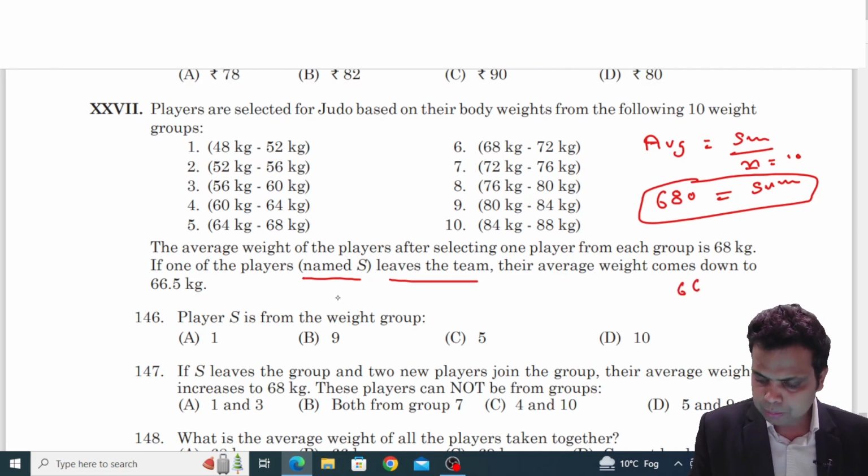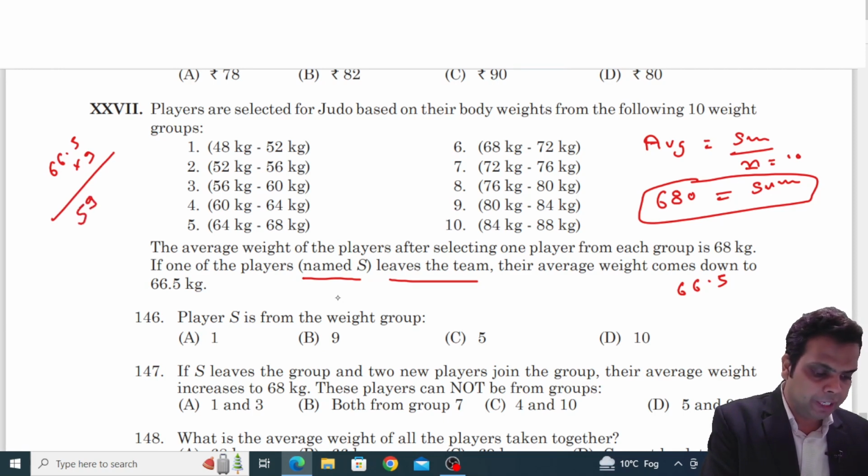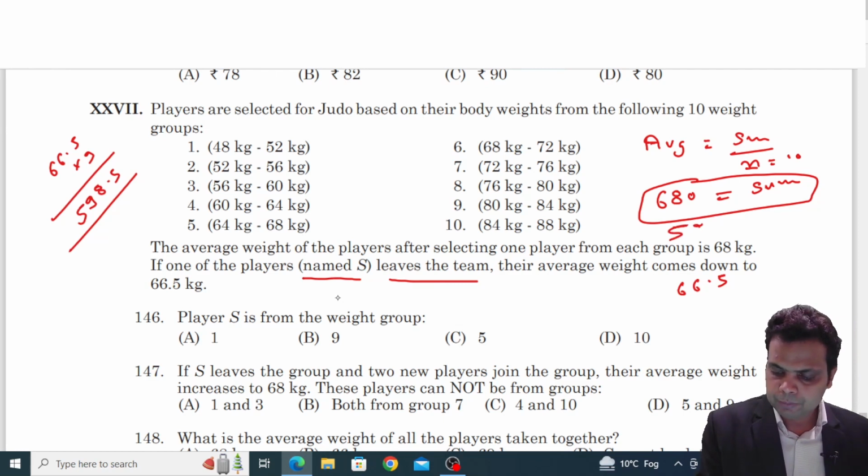Obviously one player will leave, so you will get 66.5 into 9, right? Now the sum of 9 players will become 598.5, correct? Now the question is, player S is from which weight group?